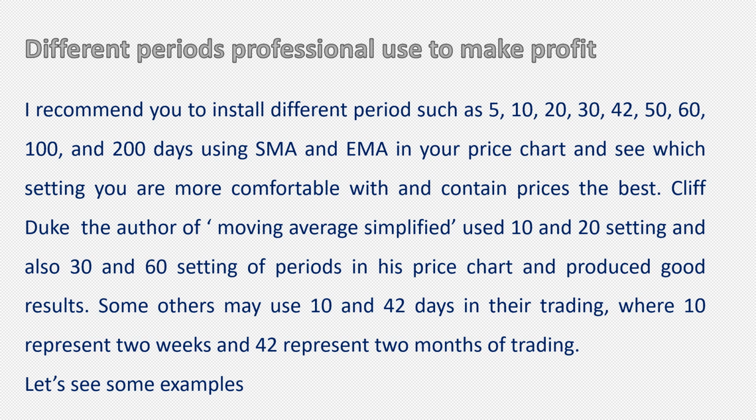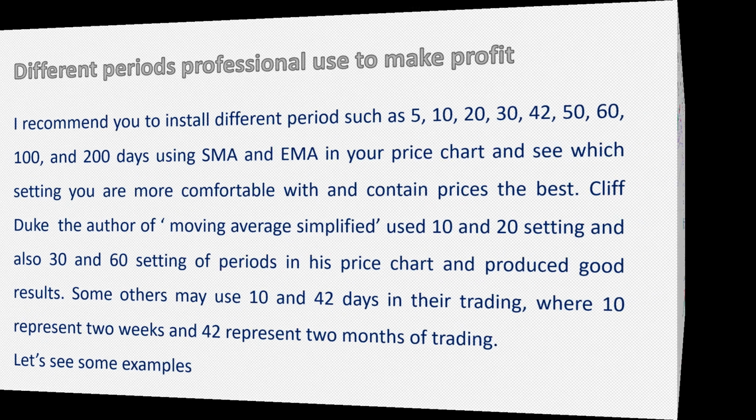Cliff Duke, the author of Moving Average Simplified, used the 10 and 20 setting and also the 30 and 60 setting of periods in his price chart and produced good results. Some others may use 10 and 42 days in their trading, where 10 represents 2 weeks and 42 represents 2 months of trading. Let's see some examples.